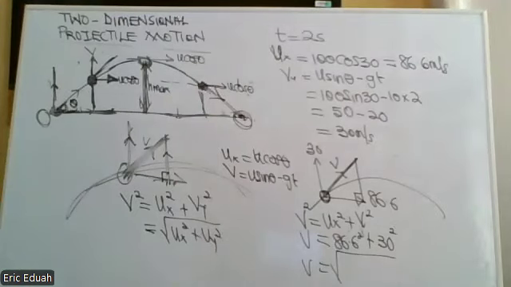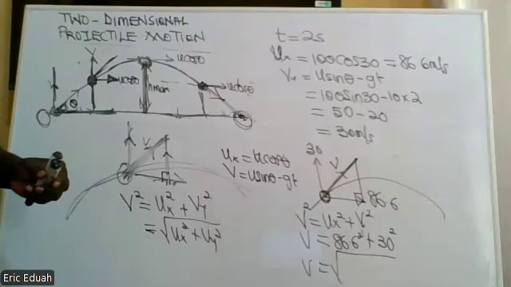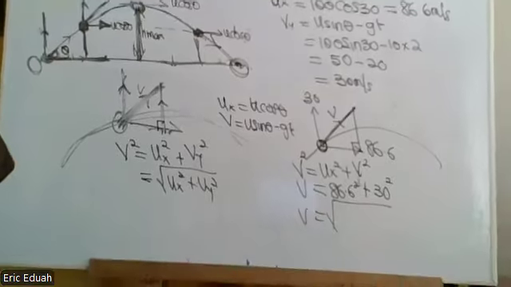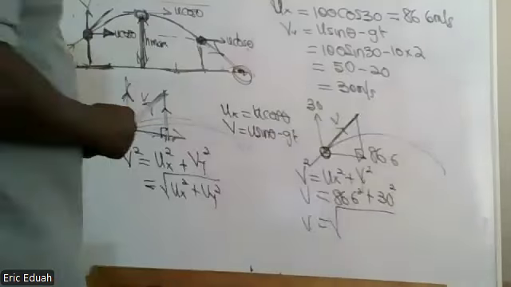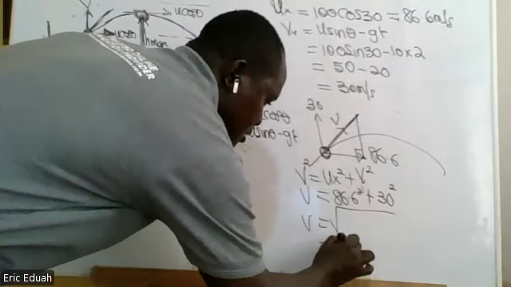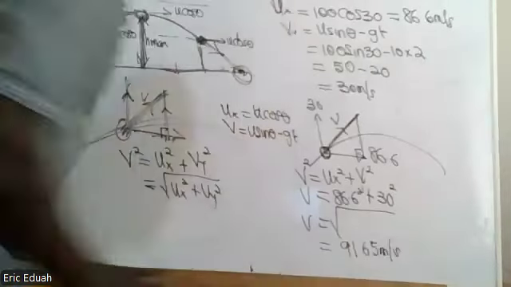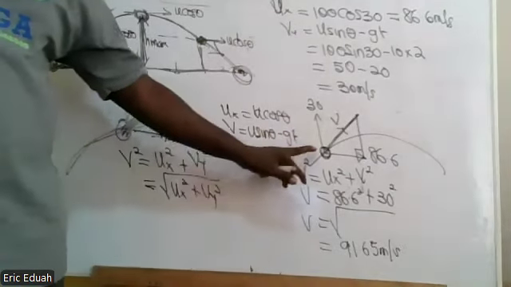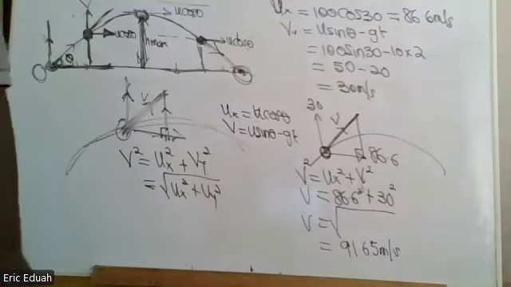So quickly calculate that for me. What's the square root of 86.6 squared plus 30 squared? Can somebody quickly calculate that for me? Barry, 91.64, come again. 91.645 meters per second. So this is the resultant velocity after 2 seconds, the resultant velocity acting on the body after 2 seconds.